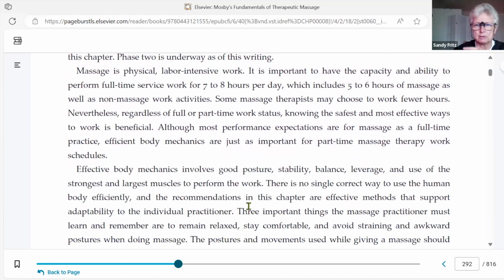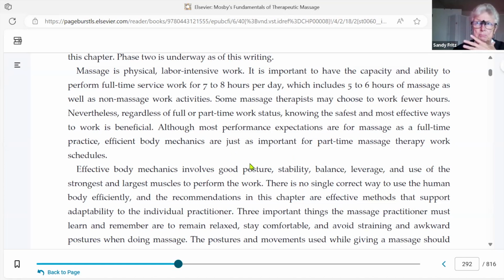We want to make sure that you can function as a full-time massage therapist, which would be a 30 to 35, at the maximum 40-hour work week with 25 actual hours of massage application, sometimes pushing a little bit towards 26, 27.